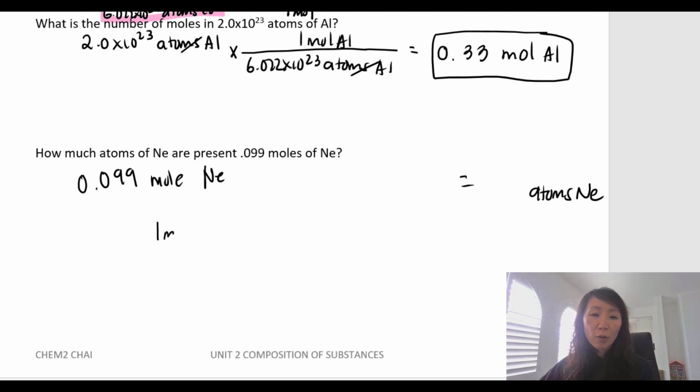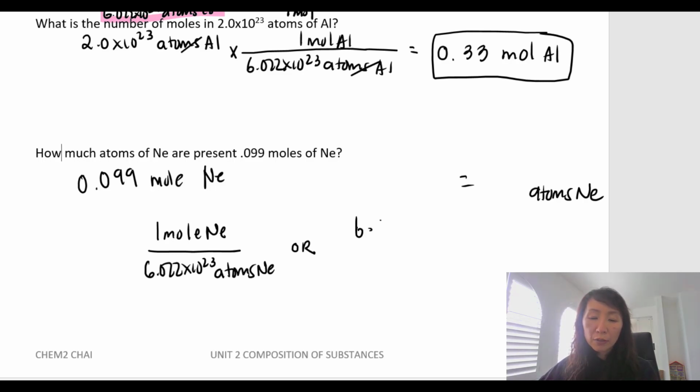Either you have 1 mole of neon on top and the Avogadro number on the bottom, or you have the Avogadro number on top and 1 mole of neon on the bottom.